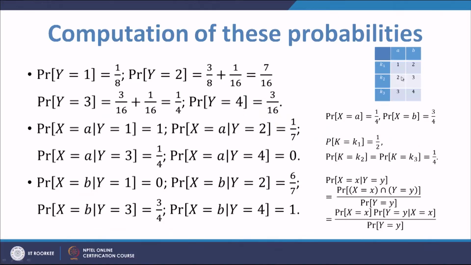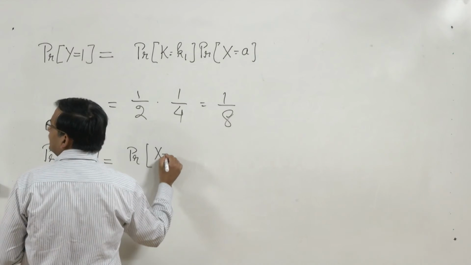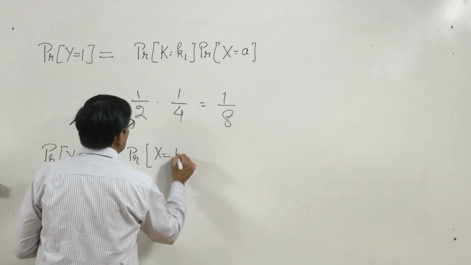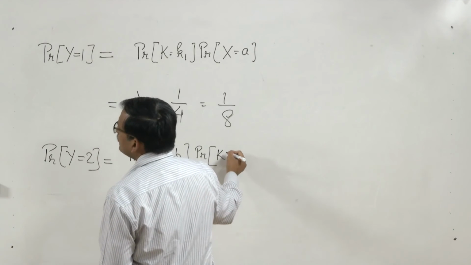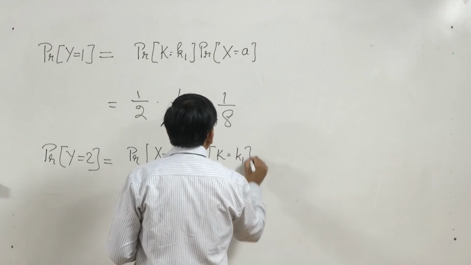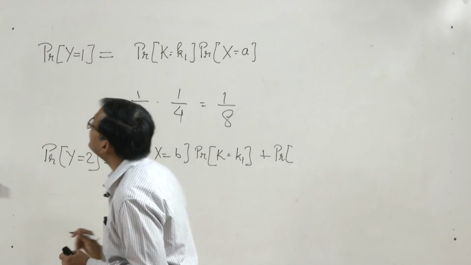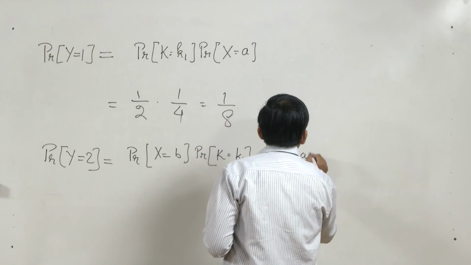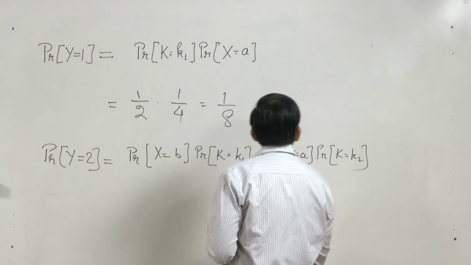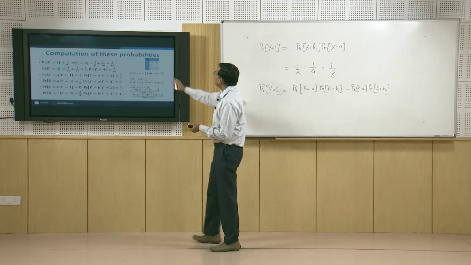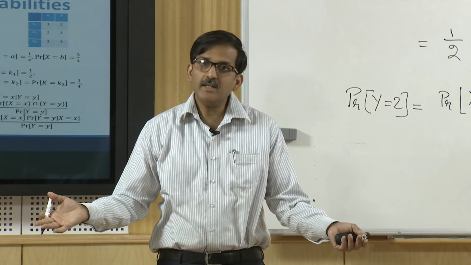So, when the plain text is b and key is k1, we are getting 2, and when the plain text is a and key is k2, then also we are getting 2, and these are the only places we are getting 2, and these events are mutually exclusive.